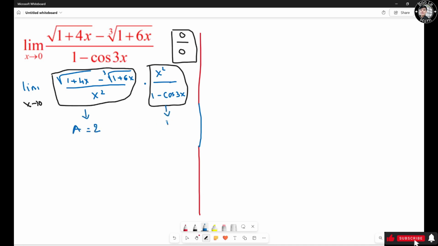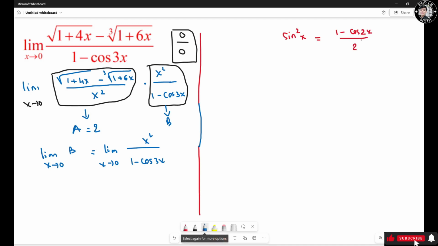Now I need to calculate b. So I have the limit of b when s approaches 0 equals the limit of s squared over 1 minus cosine 3s when s approaches 0. Now we have half angle formulas in trigonometry. It's given by sine squared of s equals (1 minus cosine of 2s) over 2.